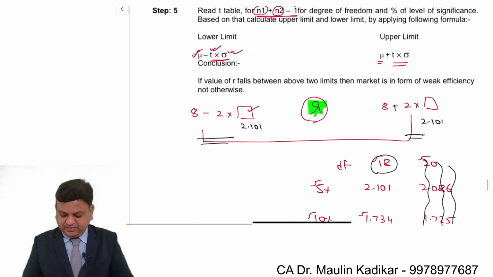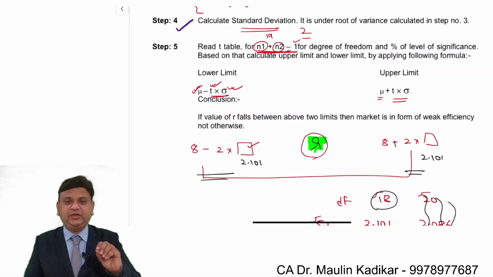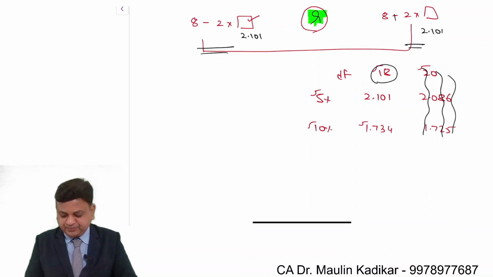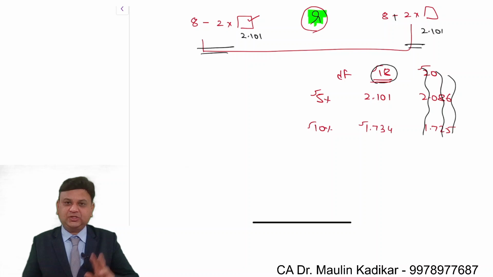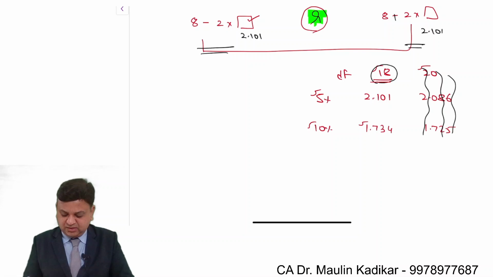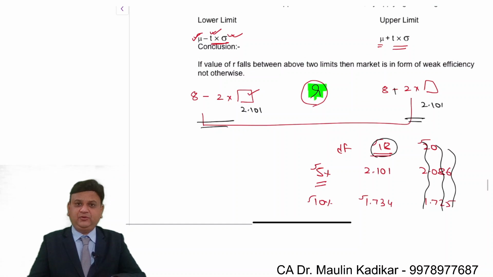The T table reading will be for n1 plus n2 minus 1 for a specific degree of freedom. So over here n1 plus n2 minus 1 has to be 18, because total prices are 20, so number of changes will be 19, and 19 minus 1 is 18. What is this 5%? Whatever the conclusion that we draw has a possibility of 5%.